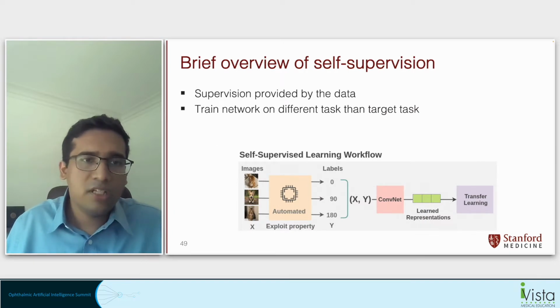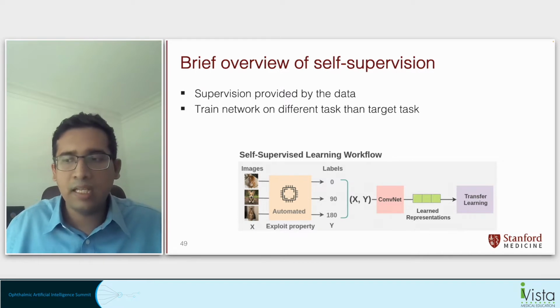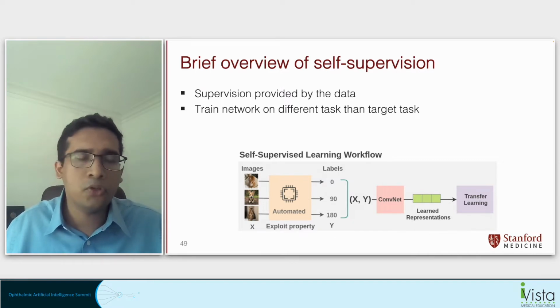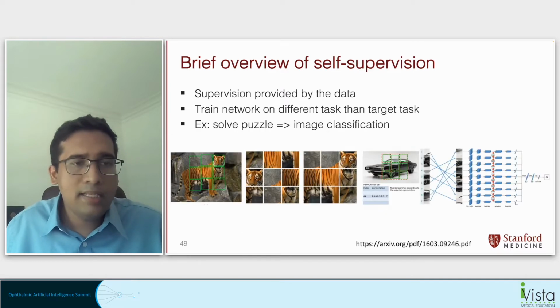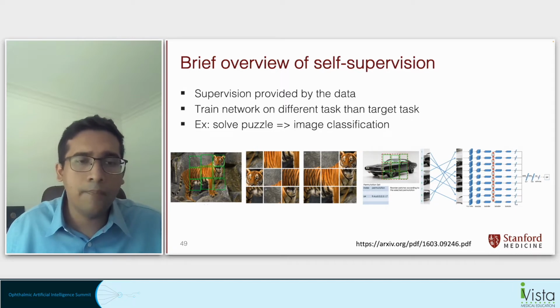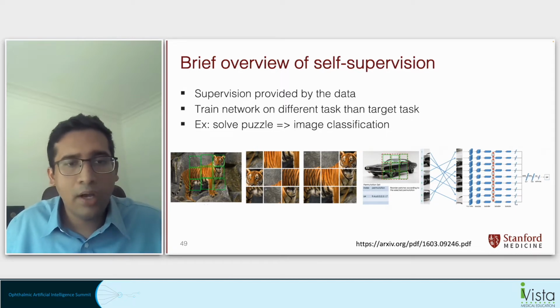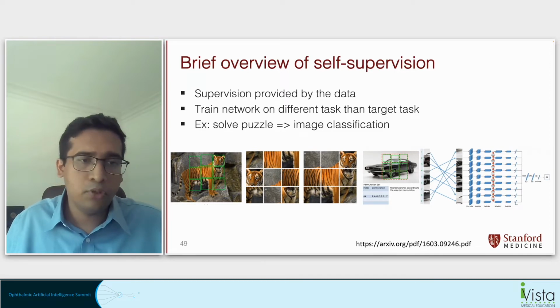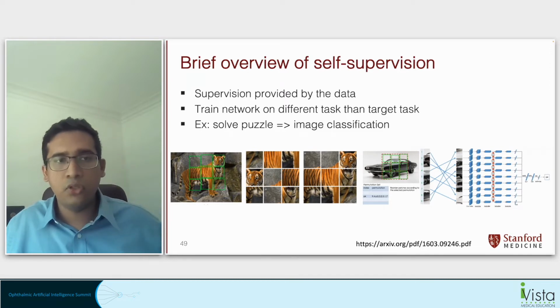So what is self-supervision? Basically, in this kind of framework, the supervision is provided by the data, so the need for ground truth automatically reduces. An easy example: say I have this data and I shuffle it and train a model to solve puzzles, right? In this case, the ground truth itself is the input image, so we don't really need a separate ground truth or label.